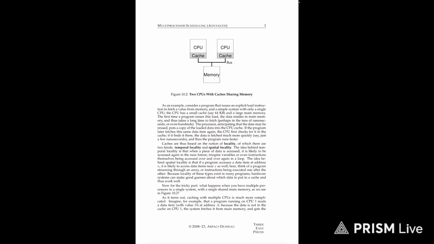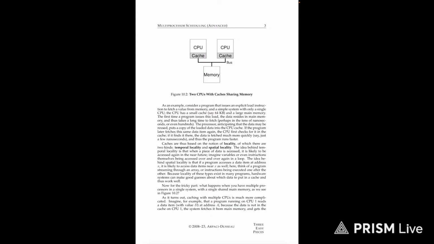Imagine a variable, or even instructions themselves, being accessed over and over again in a loop.